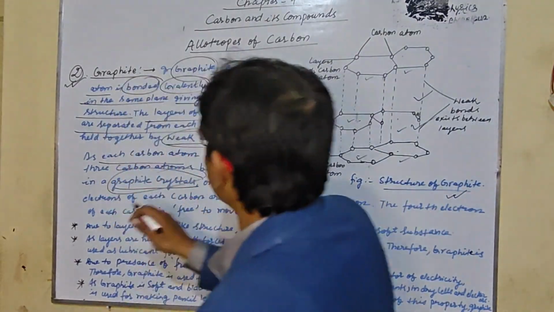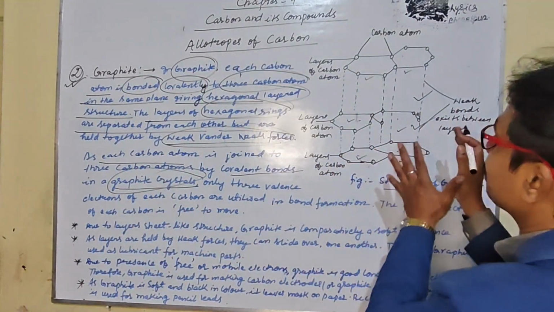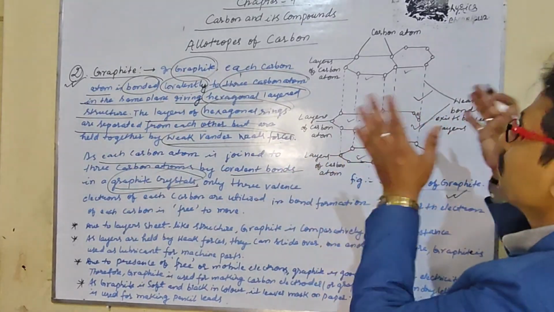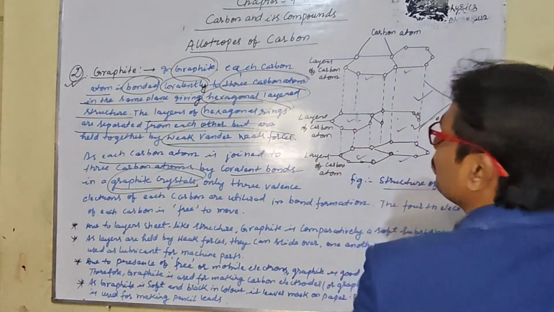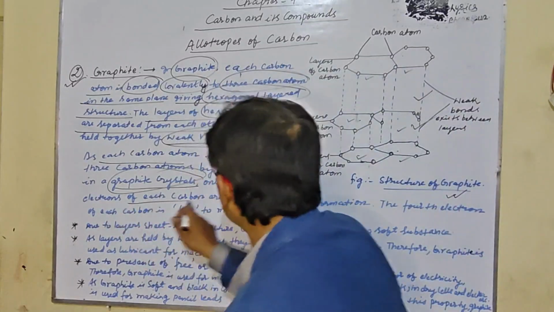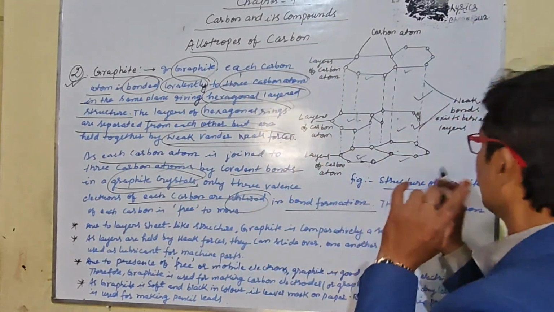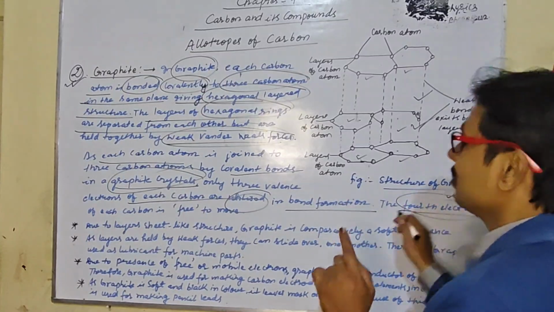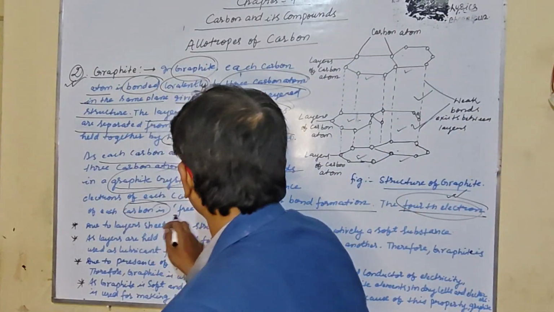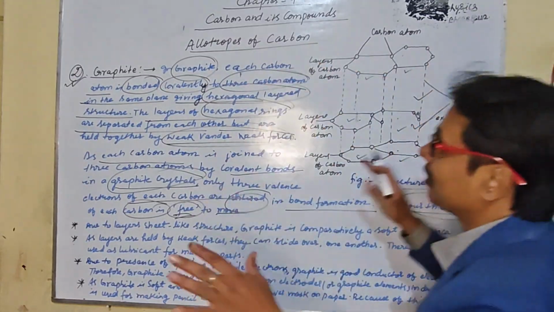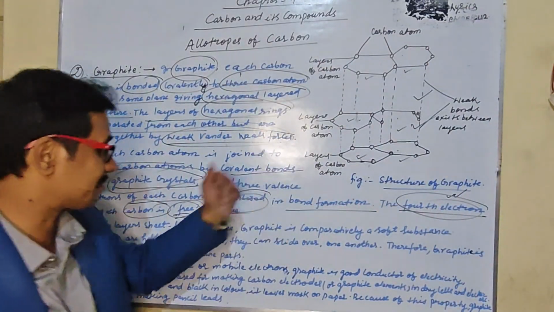Only 3 valence electrons of each carbon are utilized in bond formation, and the 4th electron is free to move. So, my dear students, these are the things about graphite according to its structure.